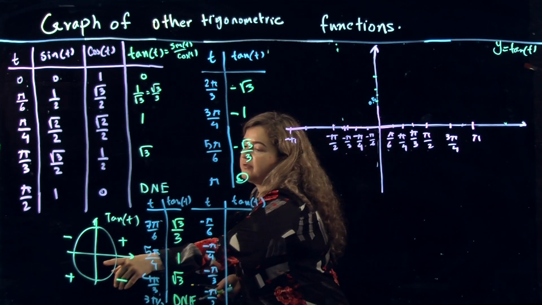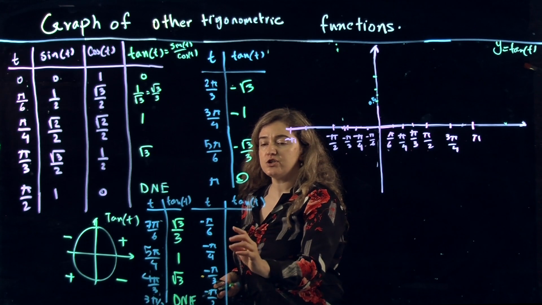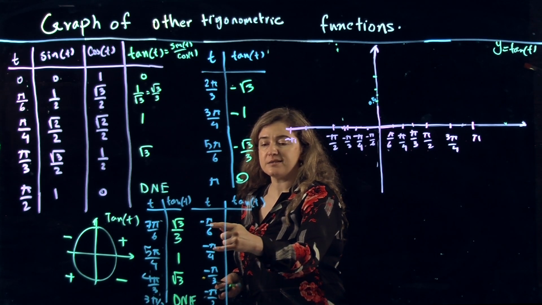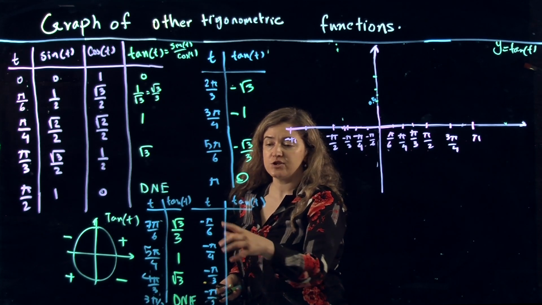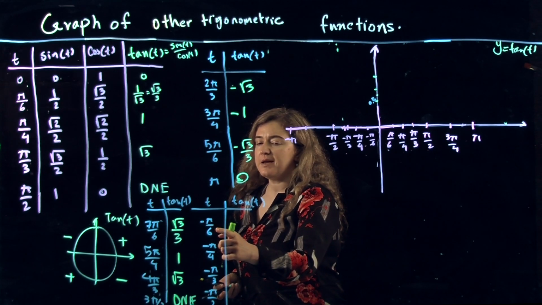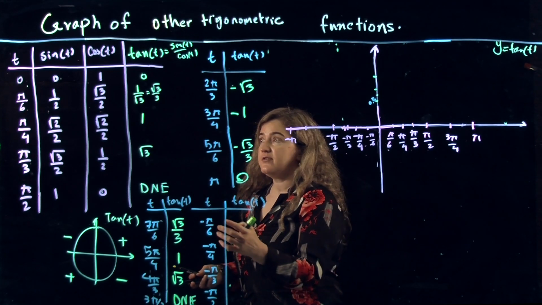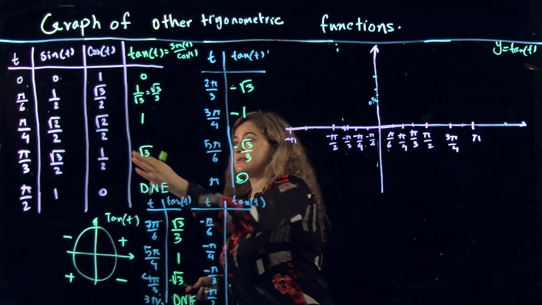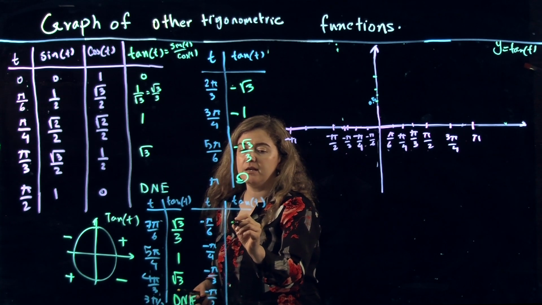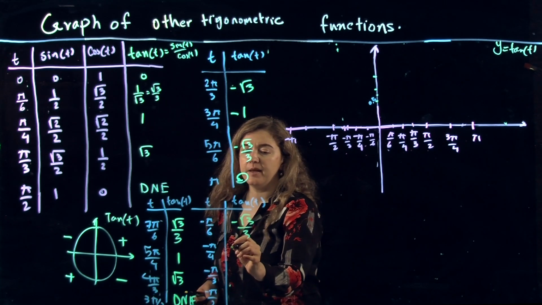How about in the fourth quadrant? And I did this a little differently. I changed the positive notation to a negative notation over here. And so negative pi sixth it goes back to the denominator 6, and I should get a negative square root of 3 over 3 because of the negative sign over here.